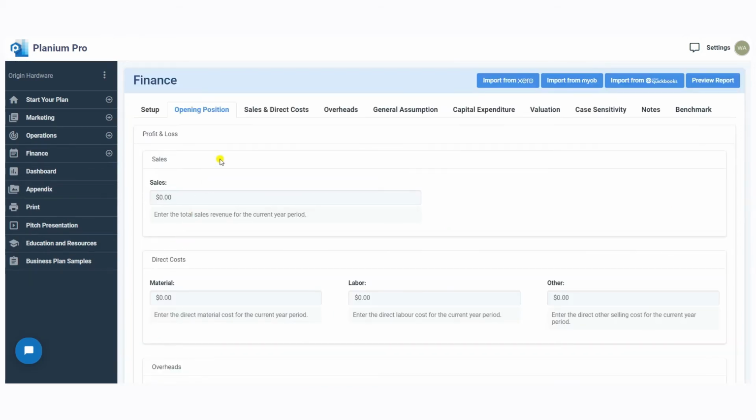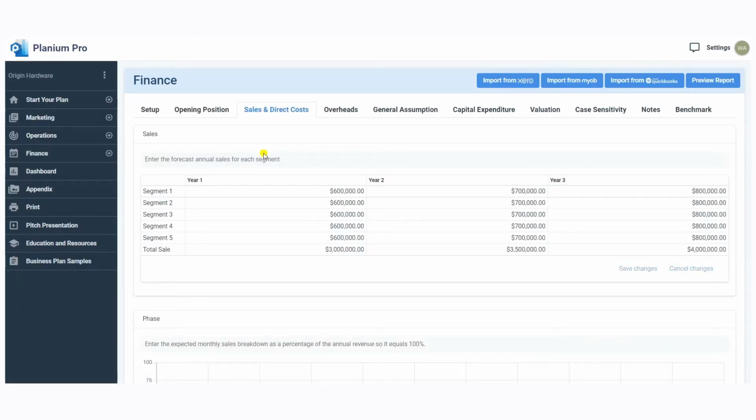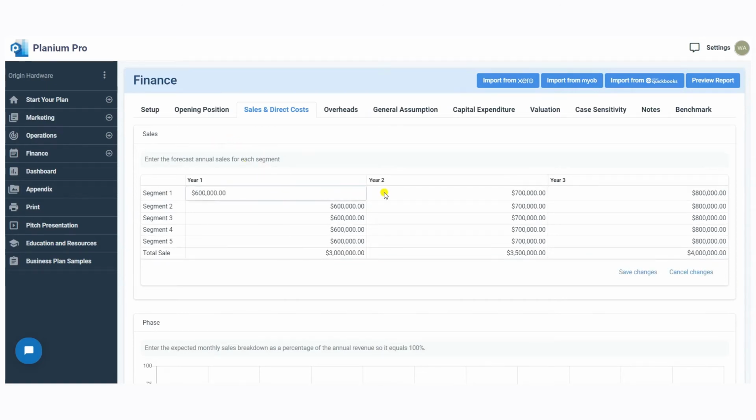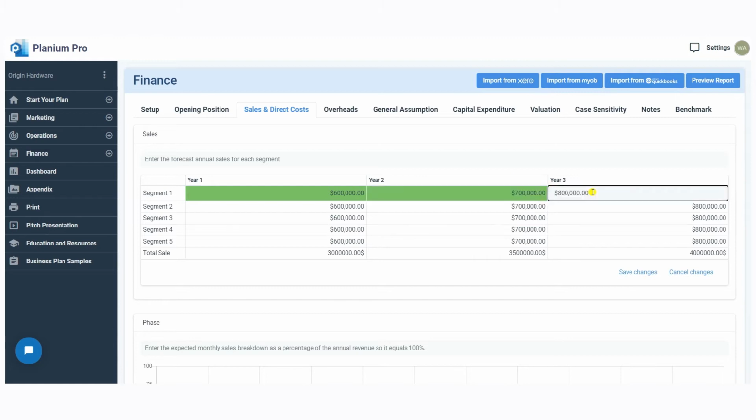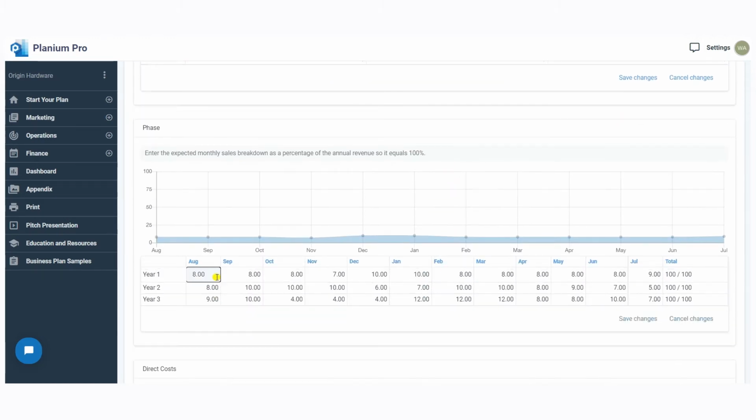The next section, Sales and Direct Costs, is all about forecasting your sales and direct costs. In sales, enter the forecast annual sales for each segment of your business. Performed according to the best information available, phasing allows you to plan how sales amount is split across the months of the financial year.